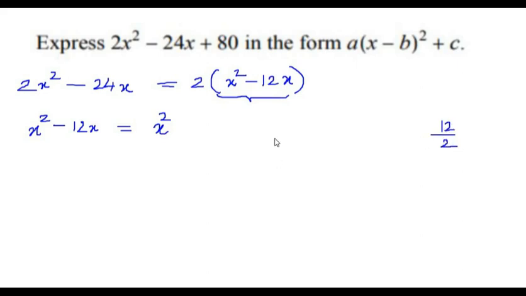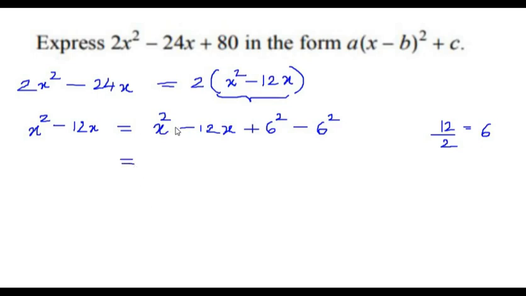This is the same for all the questions regarding completing the square. The x coefficient needs to be divided by 2, so we get 6. So we write x square minus 12x, and this 6 which we got by dividing the x term, we have to add and square it, and we have to subtract the same number and square it.